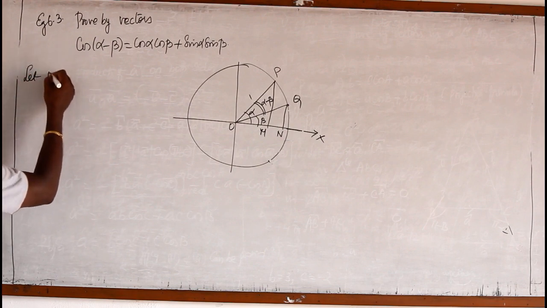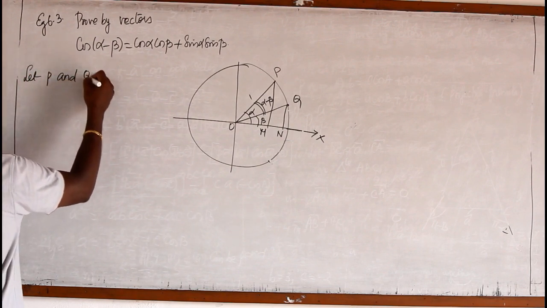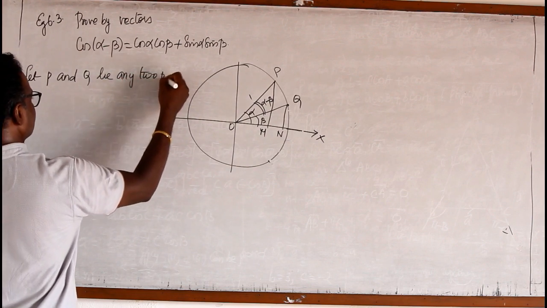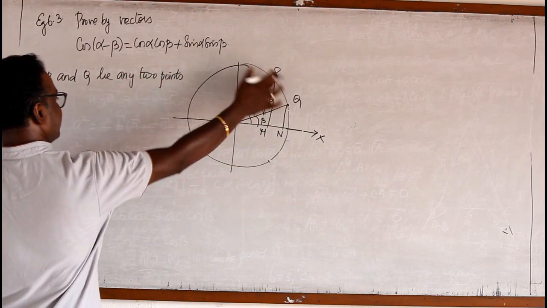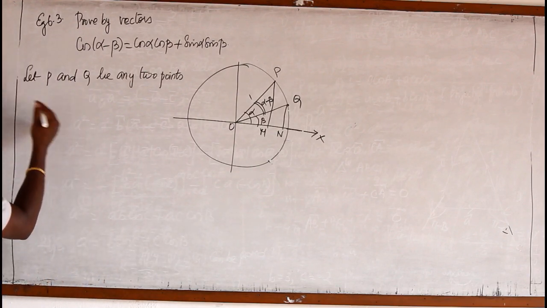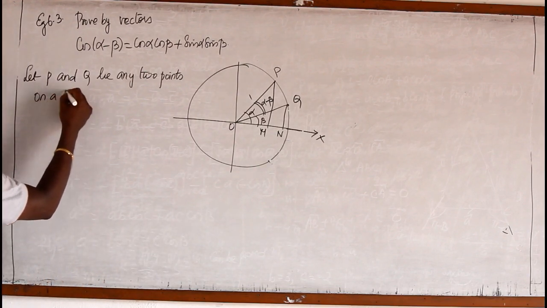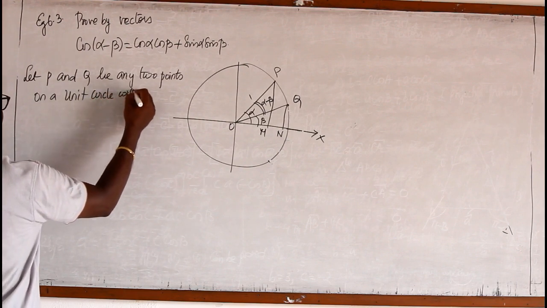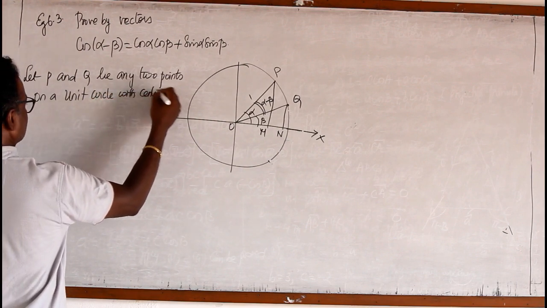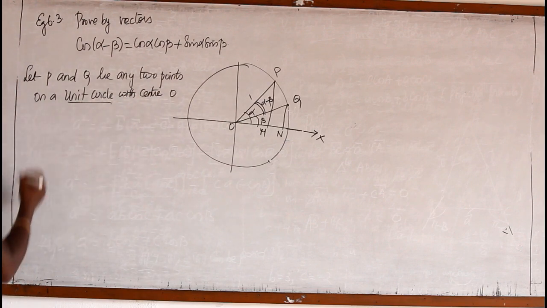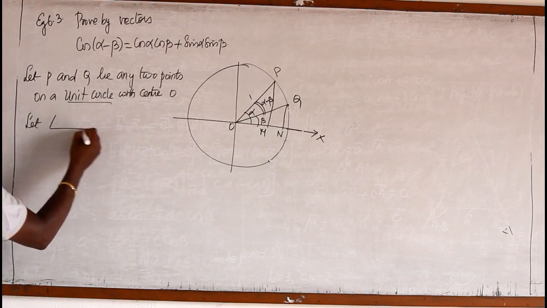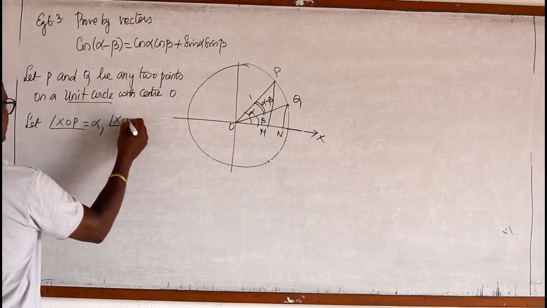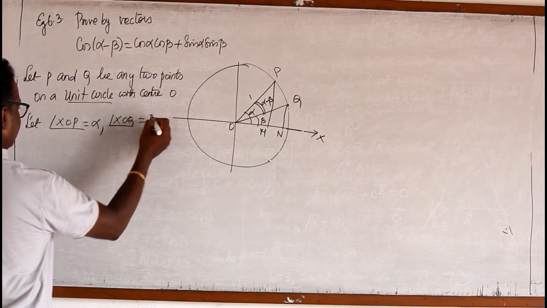Let P and Q be any two points, but I have taken both the points in the first quadrant, any two points on a unit circle with the center O. Let angle XOP equal alpha and angle XOQ equal beta.